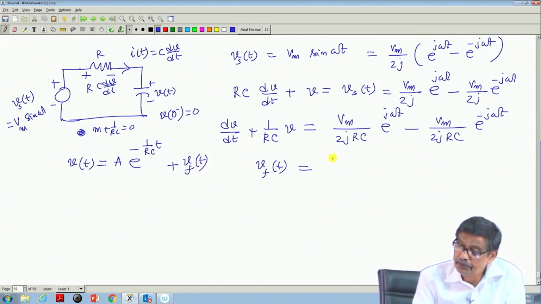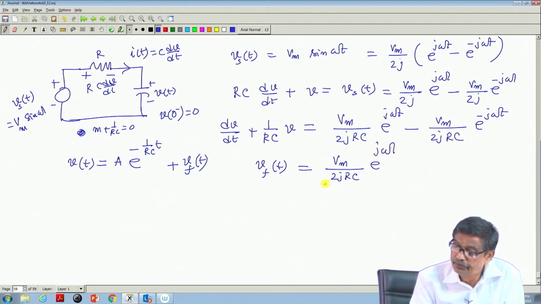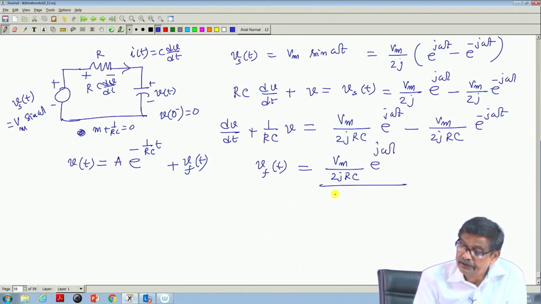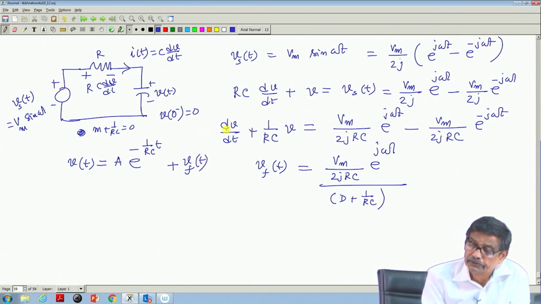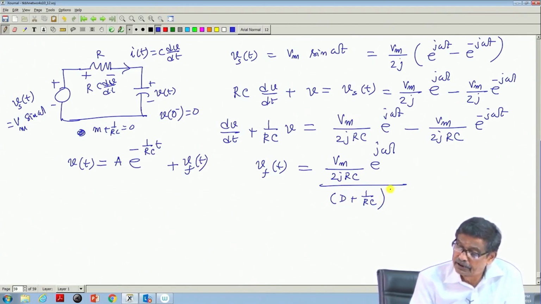V f t will be, here is an exponential, so V m by 2 j R C into e to the power j omega t, that is the input, divided by D plus 1 over R C, which you calculate for D equal to j omega.